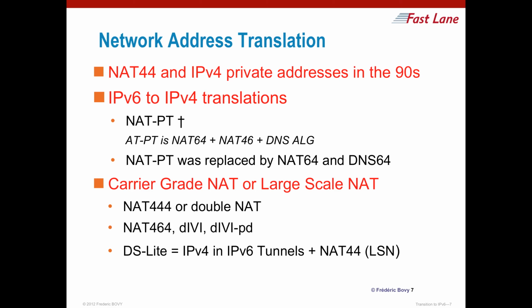The performance was ugly, so it is now deprecated and replaced by something which does less, which is NAT 6.4 and DNS 6.4, and which only permits IPv6-only customers to access IPv4 content.